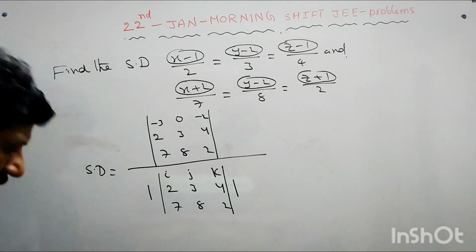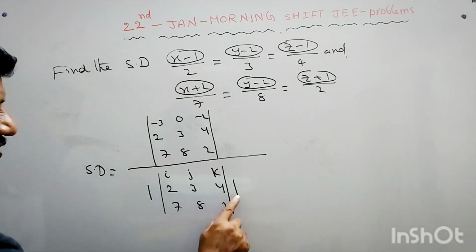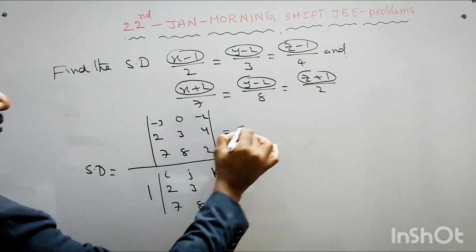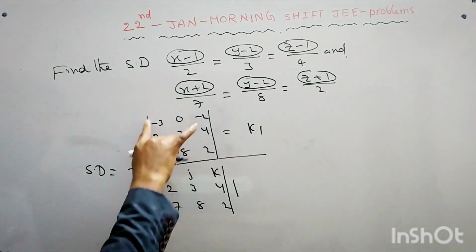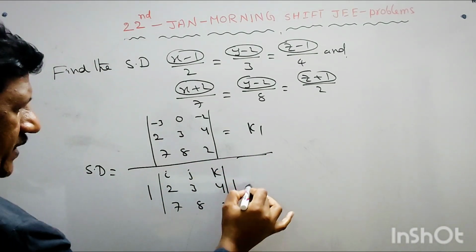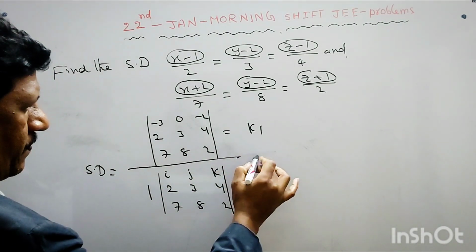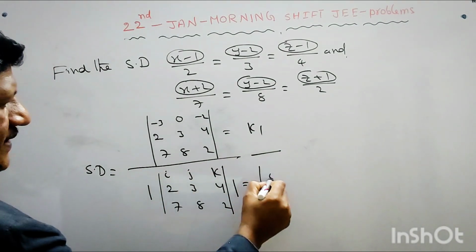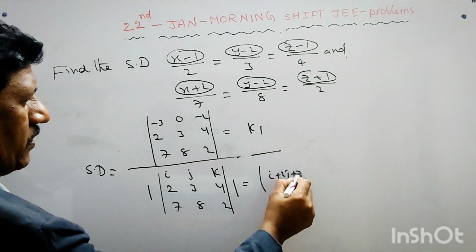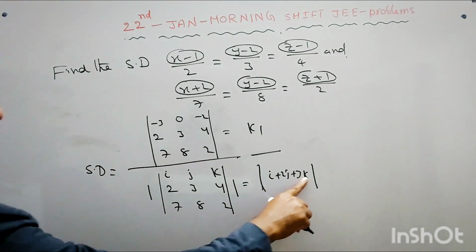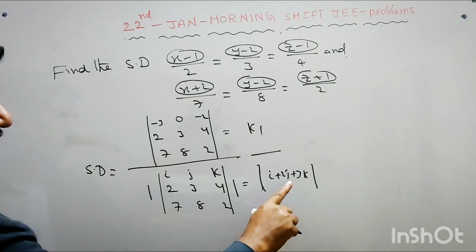For that vector, again we need to find out the modulus of the vector. Some numerical value will come. Suppose here I got it as, for example, if you simplify this one, something like i plus 2j plus 3k, such kind of vector will come.